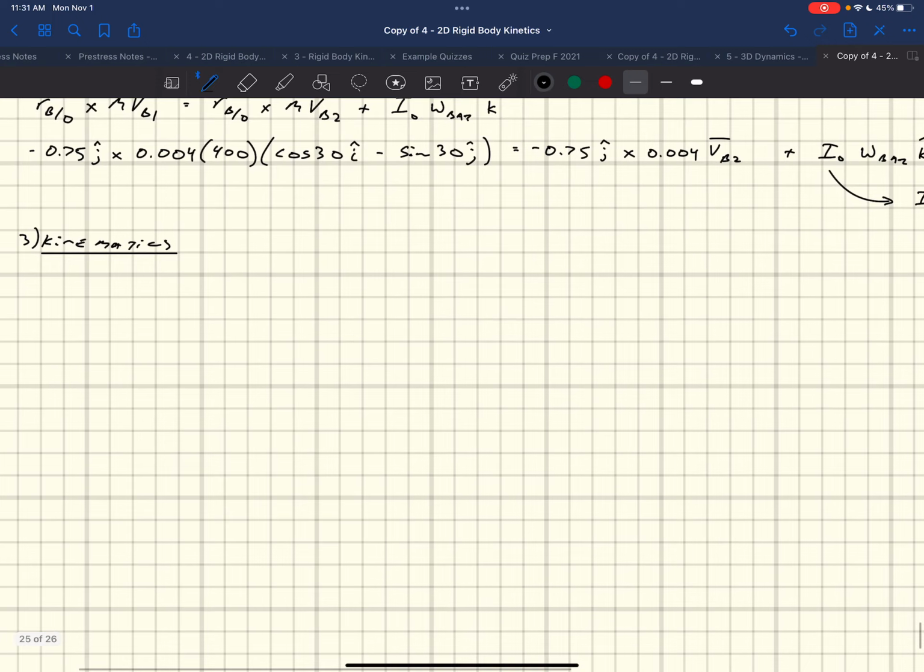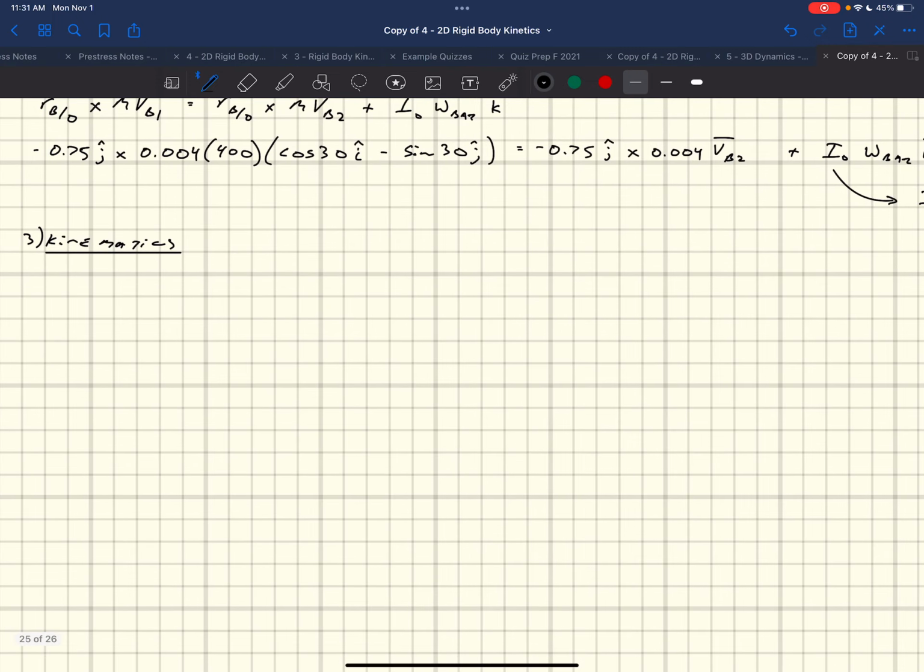It's just going to be R times omega, but in case you don't see that, you could go like this. You could say VB2 is equal to, go from a point that I know something about. I know the velocity at point O is 0, VO plus omega bar crossed with RB as seen from O. As VO is 0.